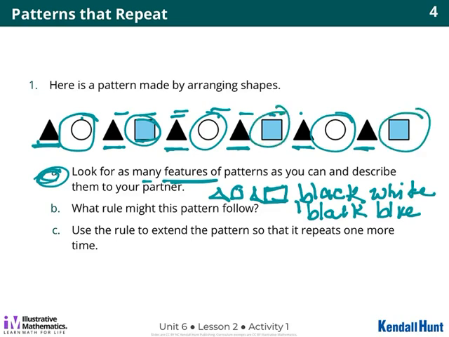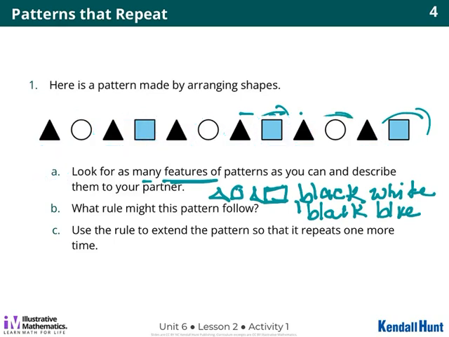Okay. So, guys, what would your rule be? Well, it kind of depended on which pattern you chose, right? Most of us, I think, chose the shapes. So, for your rule, how did they want you to write that?